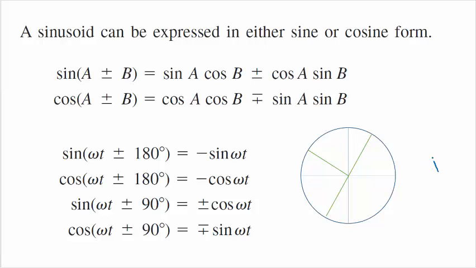So remember that a positive angle is going around counterclockwise, and we start at 0 degrees here. So if I just arbitrarily picked some angle right here, it probably is about 60 degrees. So if I say sine of some omega t that maybe is right here, 60 degrees, plus 180 degrees, 180 degrees is opposing. So plus 180 degrees, I go 180 degrees over here. That's now this angle right here.